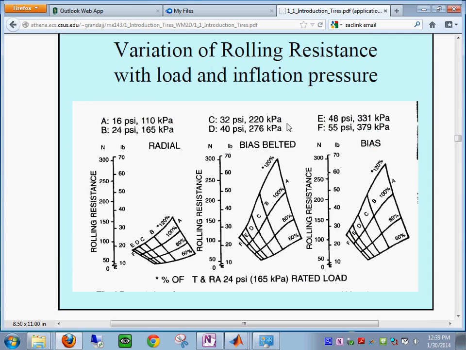In this case we have an analysis of the rolling resistance coefficients as a function of load and inflation pressure. So let's take a look at these charts. You see here's the rolling resistance on the side for all these graphs, and we have a radial tire.